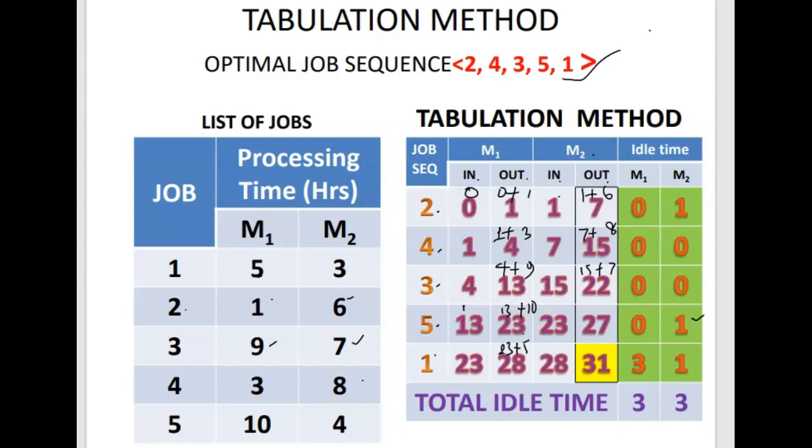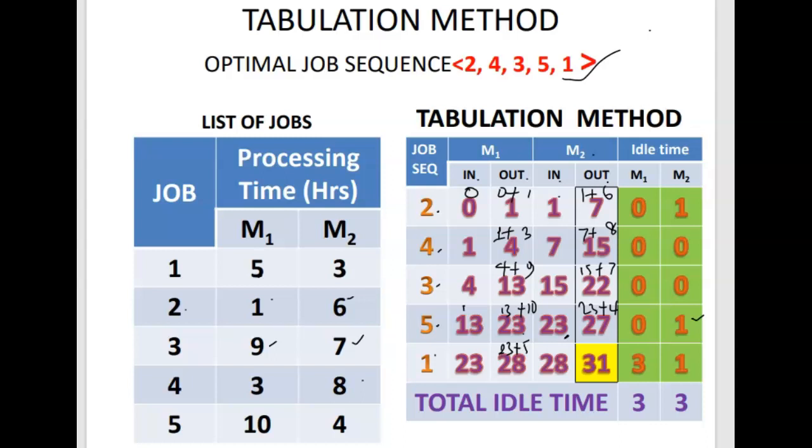The in time we record for machine 2 for job 5 will be 23, the time machine 1 finished job 5. He's going to spend 4 hours on machine 2. It will be 23 plus 4, 27.